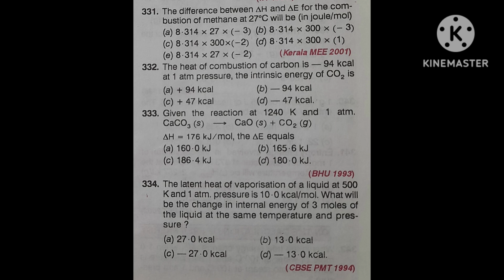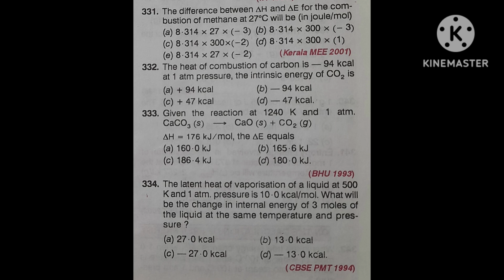This is the important thing here. Per mole, but here 3 moles are there in the question, so you have to calculate for 3 moles. Then the delta H value is 10 into 3, that is 30. Hence you should write 30, don't write 10. 10 is per mole, but here it is 3 moles.